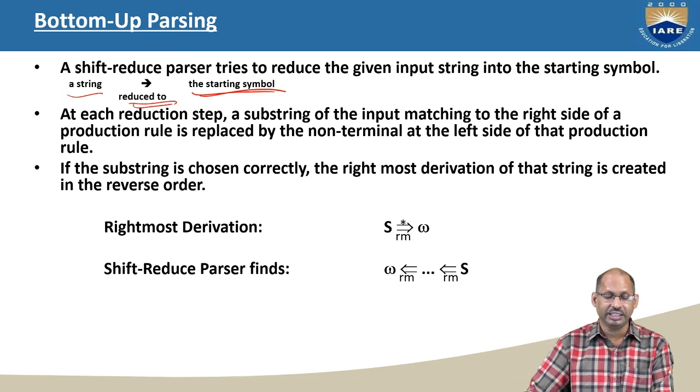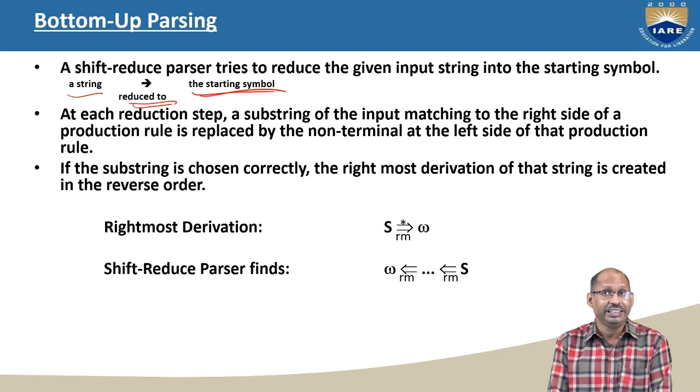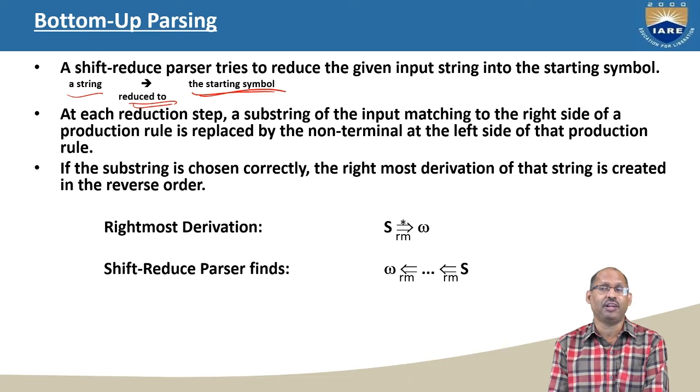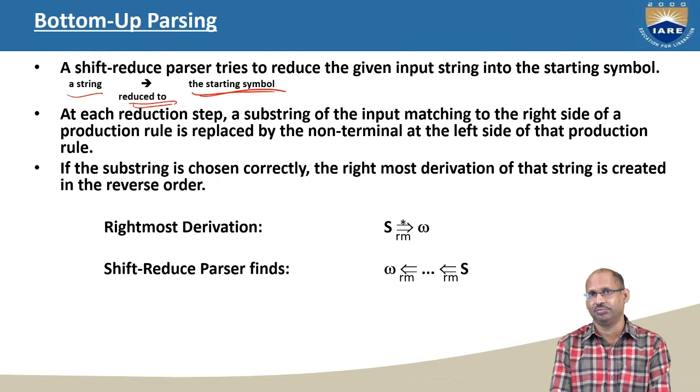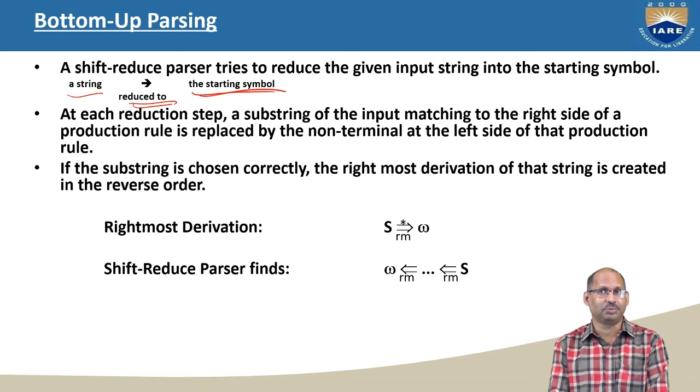At each reduction step, the substring of the input matching the right side of the production rule is replaced by the non-terminal on the left side of the production rule. The top of the stack is compared with the right side of the productions.